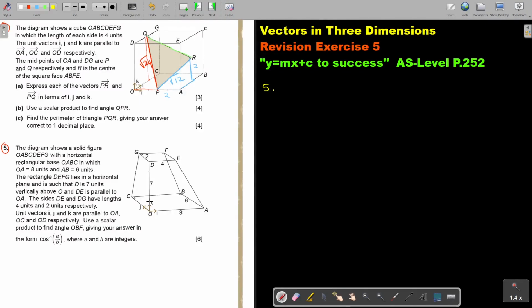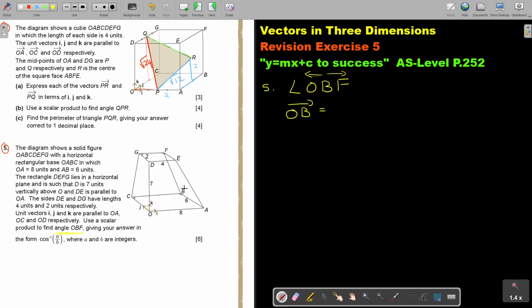Okay, so let's just read this last part again. Use a scalar product to find angle. So they're looking for angle OBF. So I'm going to find OB. I can find OB, but at the end, I want to find BO and BF. But let's start, I think the easiest one first to find is OB.